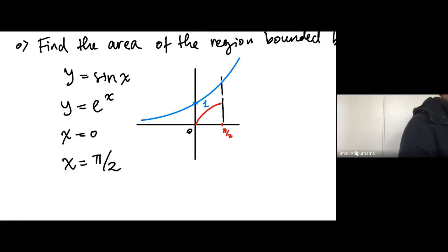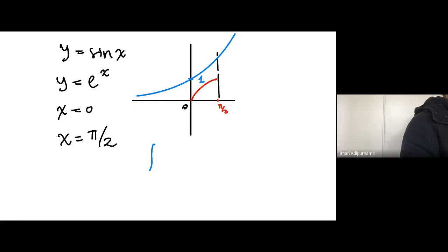You can write down the area as A equals the integral from 0 to pi/2 of e to the x minus sine x dx, and you can solve it.